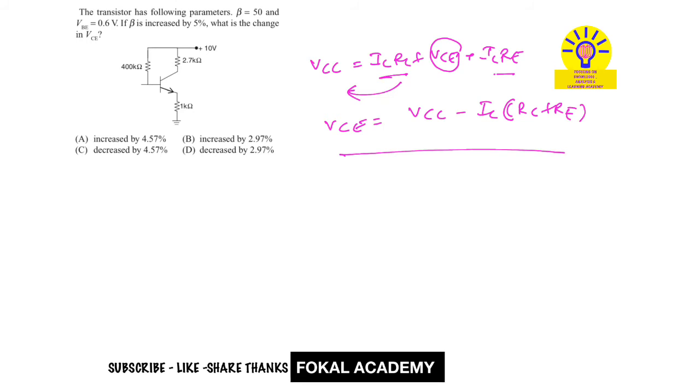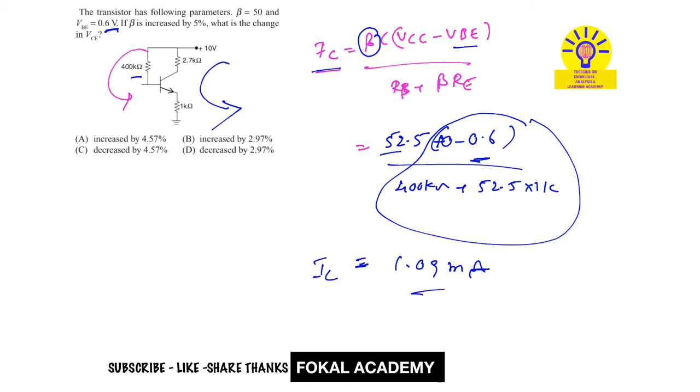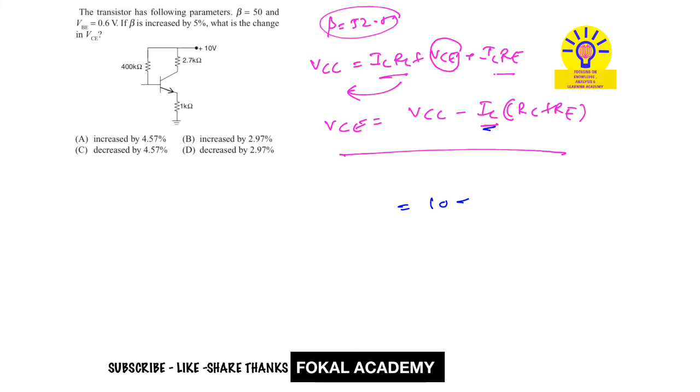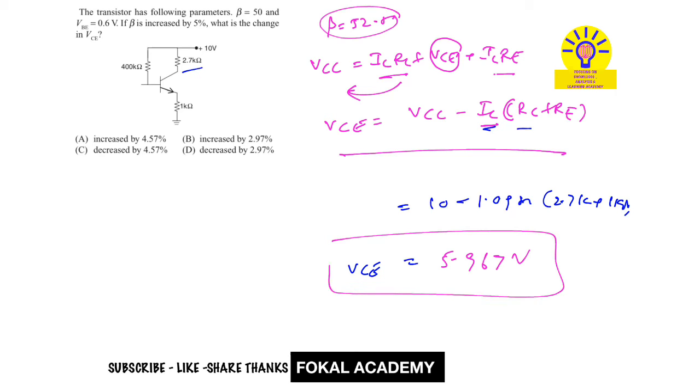IC we got for beta equal to 52.5, so substitute here: 10 volts minus 1.09 milliamperes into (RC, which is 2.7 kilo ohms, plus RE, which is 1 kilo ohm). From this we get VCE equal to 5.967 volts. This is for beta equal to 52.5.